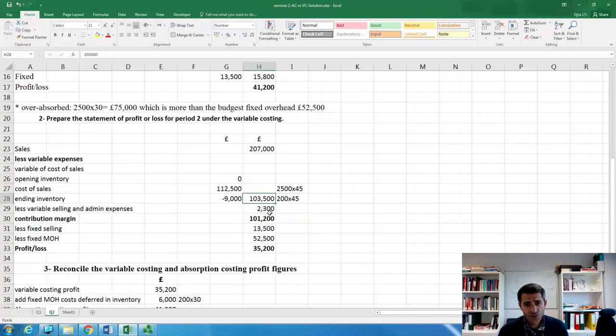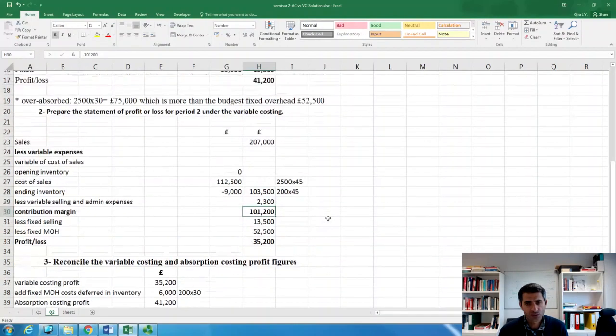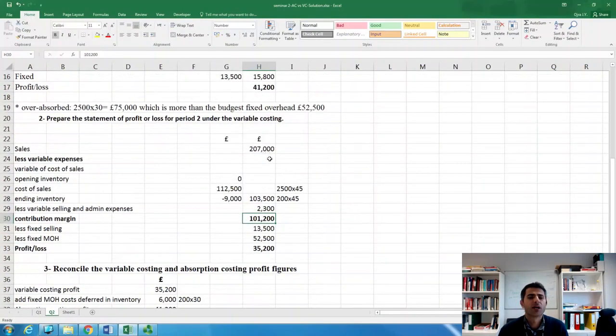So that's 103,500. What you need to do, if you remember, is list the variable selling and admin, which is 2,300. This is the variable selling and admin. So if you do this, you should find out the contribution margin is 101,200, which is sales minus cost of sales.